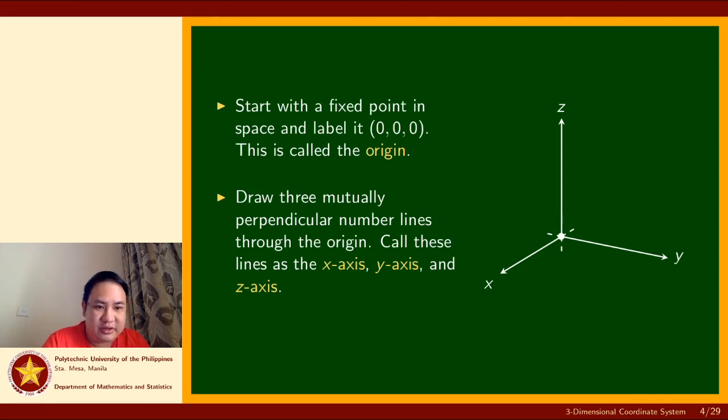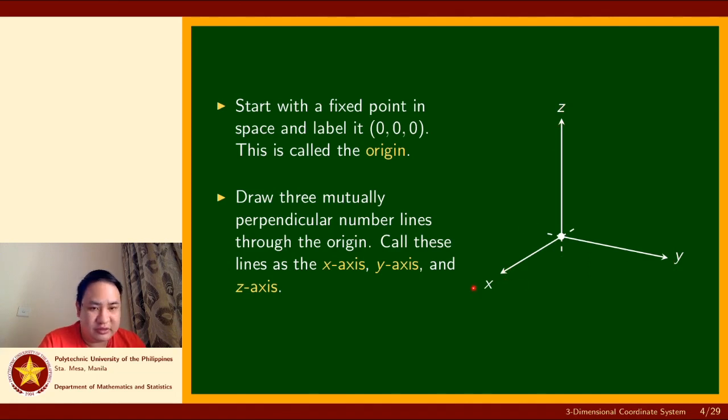These lines being number lines, they are oriented in such a way that there is always a positive direction and there is always a negative direction. By convention, the arrowhead in this diagram indicates the positive direction.